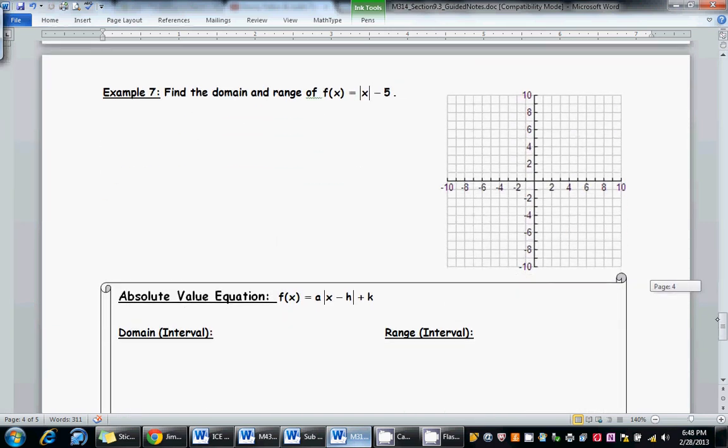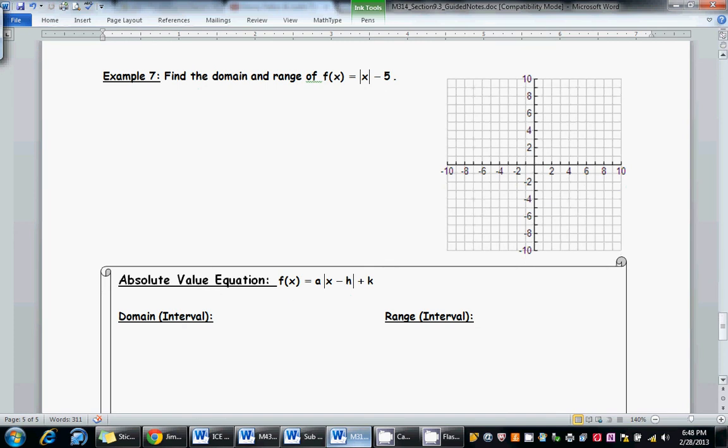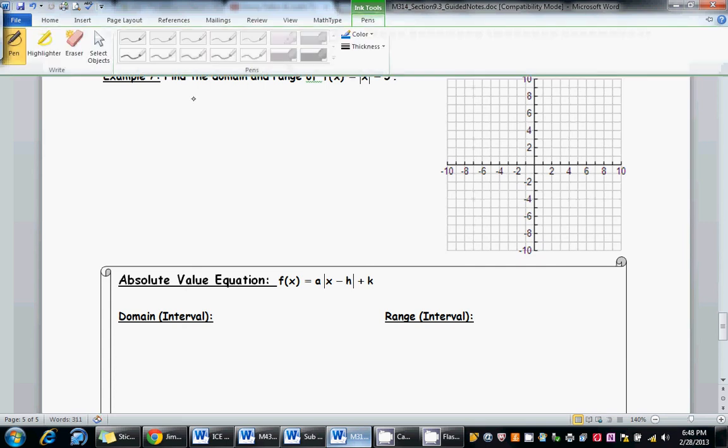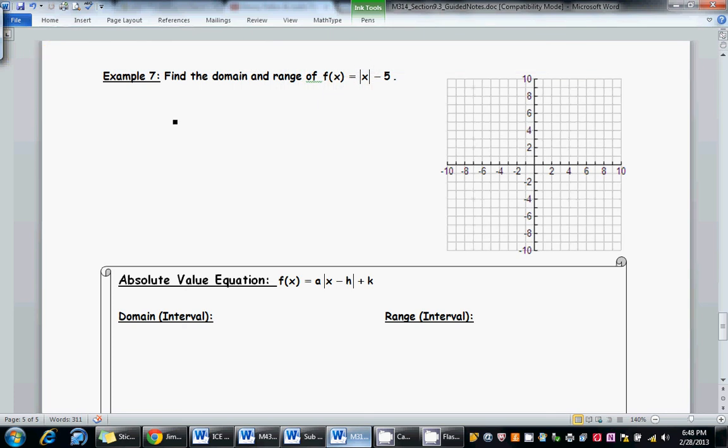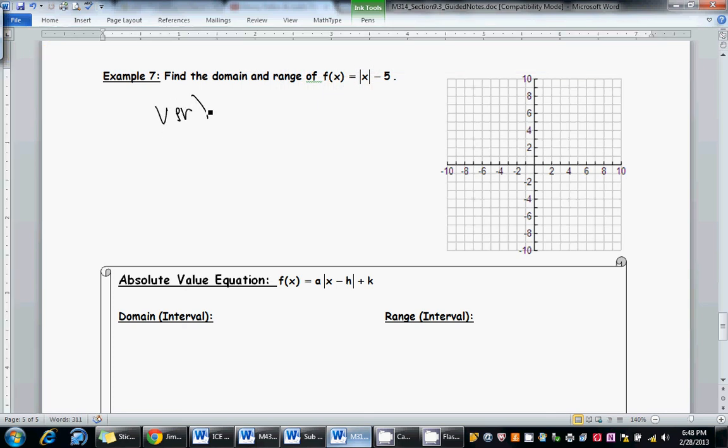Okay, let's look at another one. Find the domain and range of the absolute value of x minus 5. The nice thing with absolute value is that it is extremely similar to the quadratic equations. The vertex here, you find it with the same method. So, inside the absolute value here, you're not adding or subtracting anything.